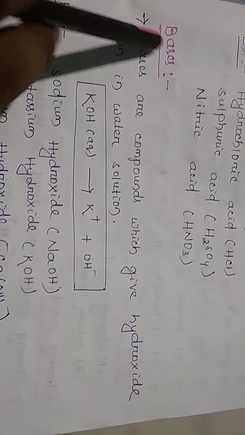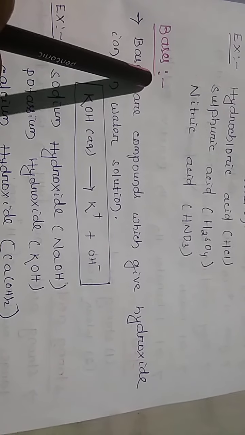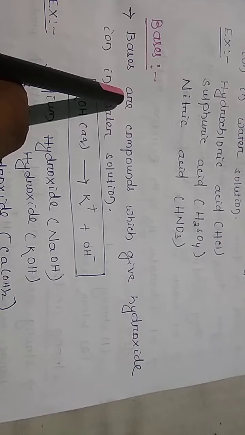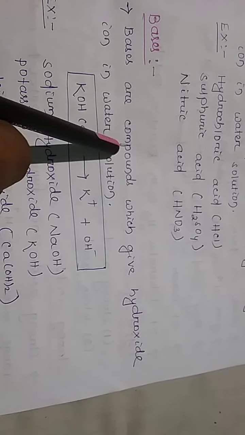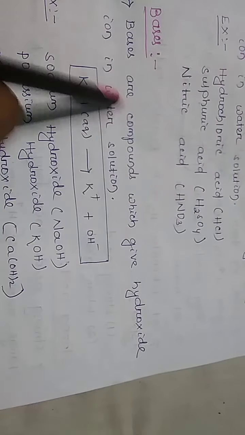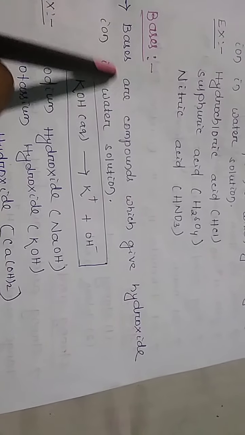Okay, so next term is base. Like acid, when a basic compound comes in contact with water solution and that compound gives hydroxide ion into water solution, that compound should be regarded as base. Okay, look at this reaction.